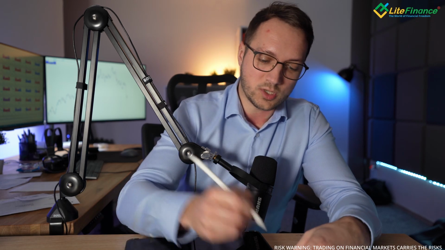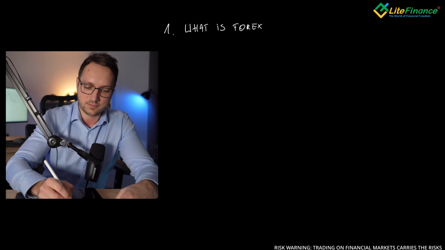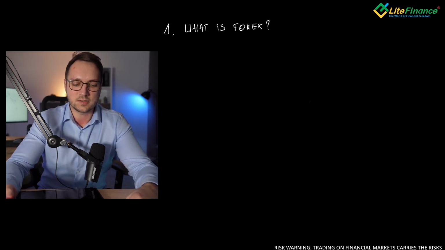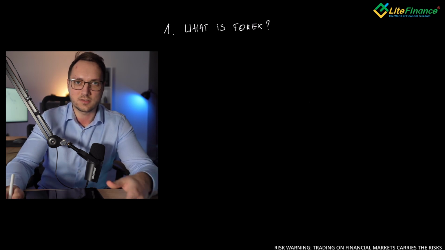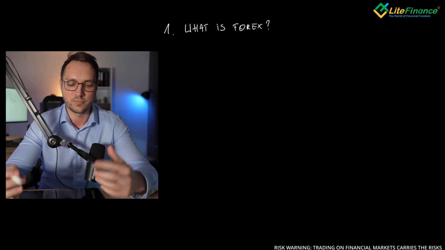So let us start with the simple question, which is, what is Forex? The answer is that this is a decentralized market where we are exchanging one currency for another.